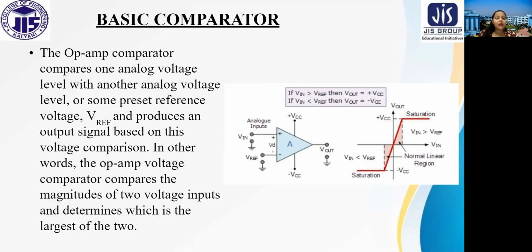As the name implies, definitely the voltage will be compared, right? The circuit that compares voltage is known as a comparator. Now with whom it will be compared? There must be some reference voltage, mentioned here as V reference, or there must be two input voltages between which we can do the comparison. So in both cases, the comparator circuit will help.